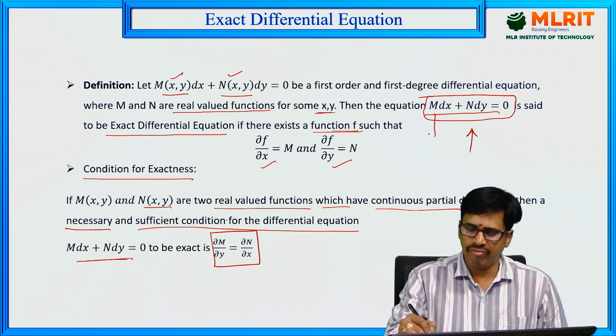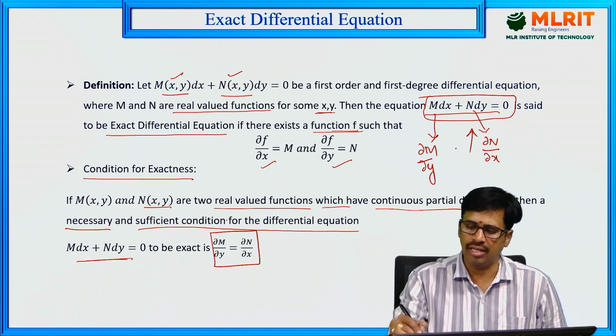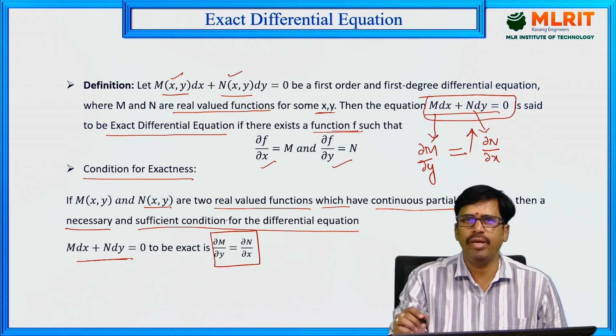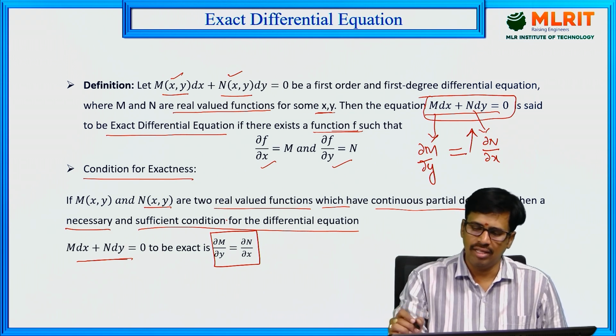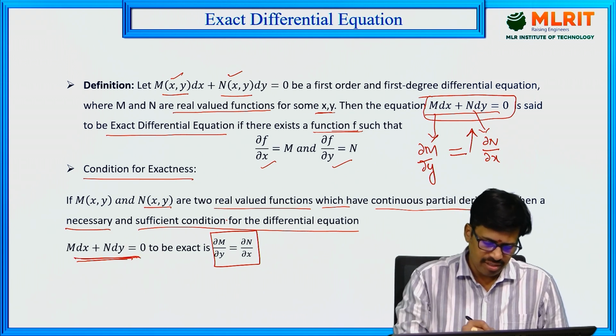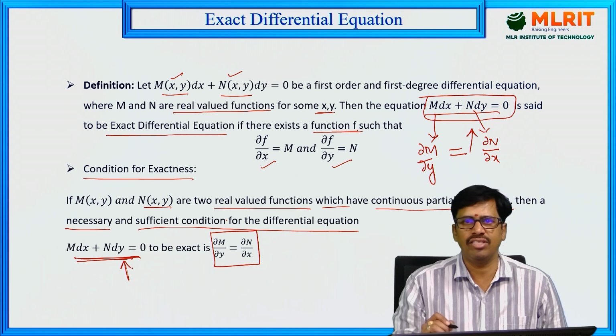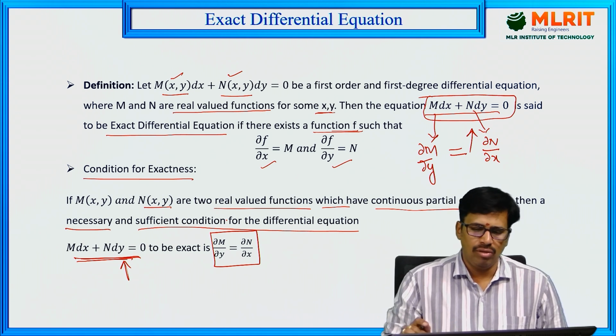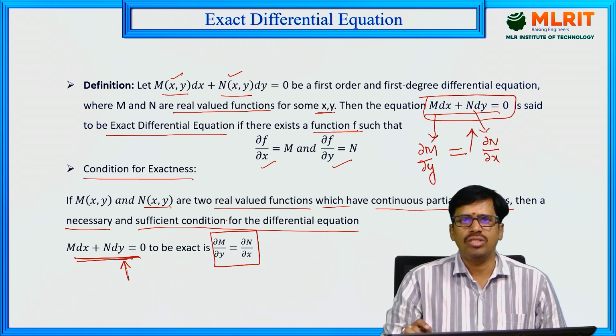Here M is a function of x and y, so you differentiate M with respect to y. N is also a function of x and y, so you differentiate N with respect to x partially. Both should be equal. Then we say that this equation is an exact differential equation. Now we know how to check whether the given equation is exact or not.